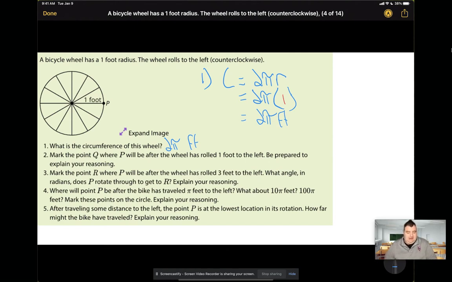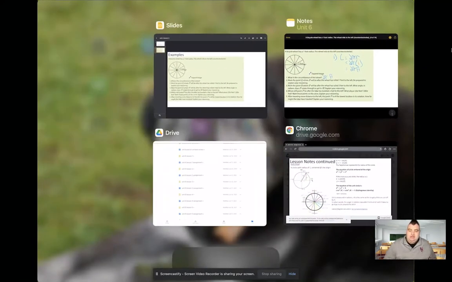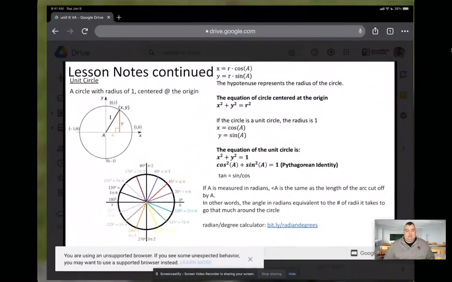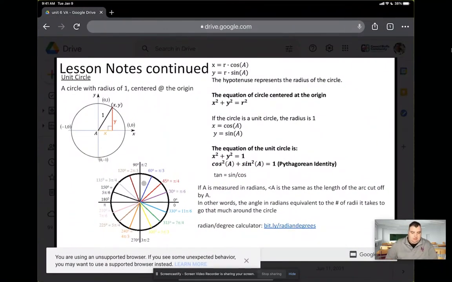Okay. Number 2, mark the point Q where P will be after the wheel has rolled 1 foot to the left. Be prepared to explain your reasoning. So with a unit circle, with really any circle in general, we talk about angles as we go around the circle. The point directly to the right of center is always going to be the 0 degree or the 0 radian.